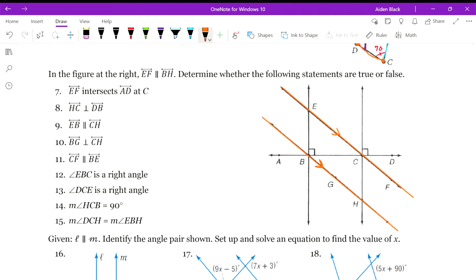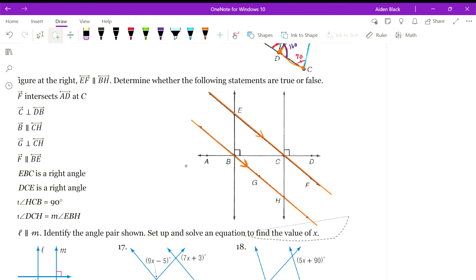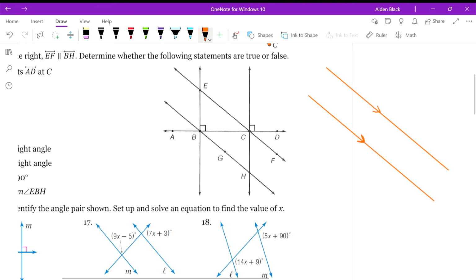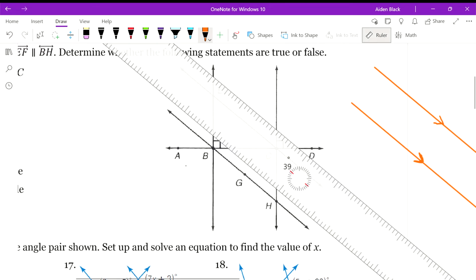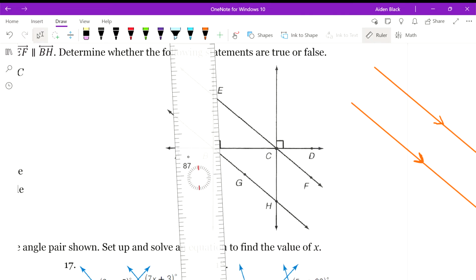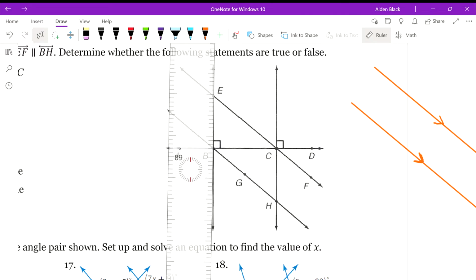Okay. So I'm going to leave that as an aside because I want to take note of something else going on in this photo. If you ignore EF and BH, you'll see that these, they don't say they're parallel, do they?